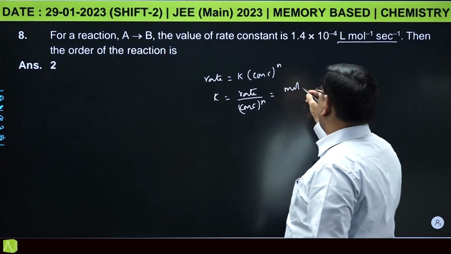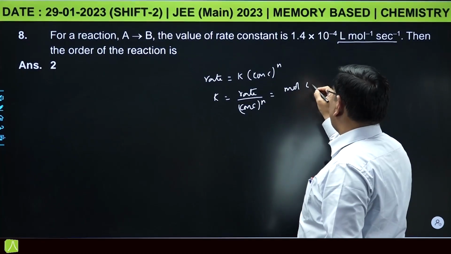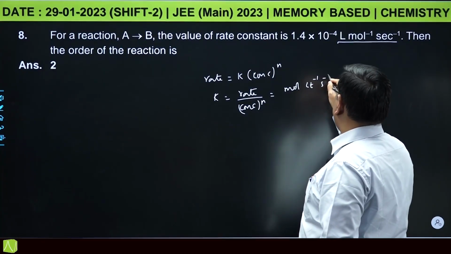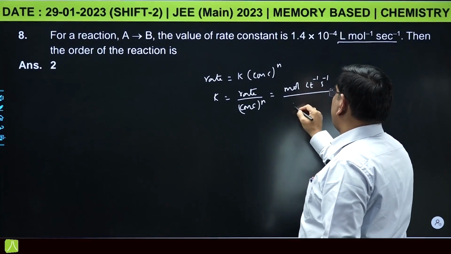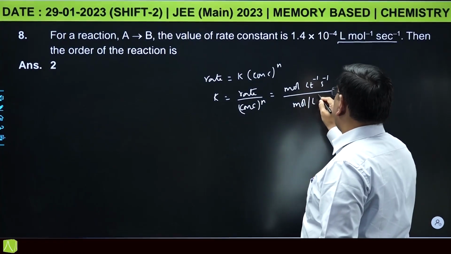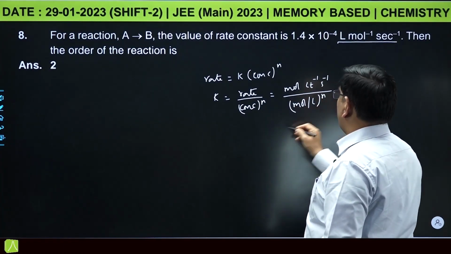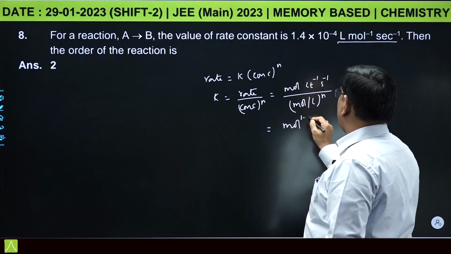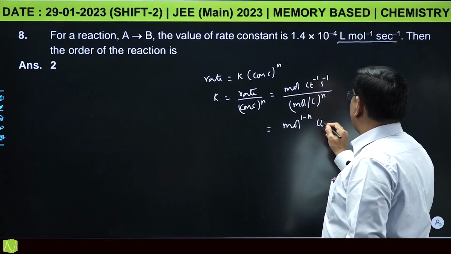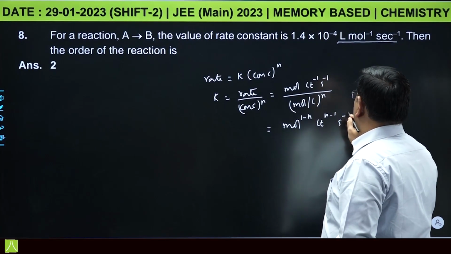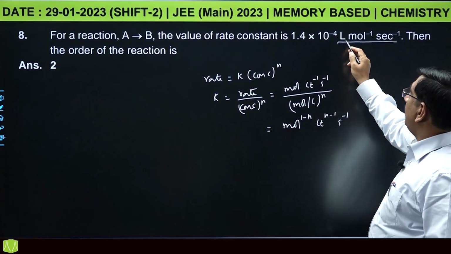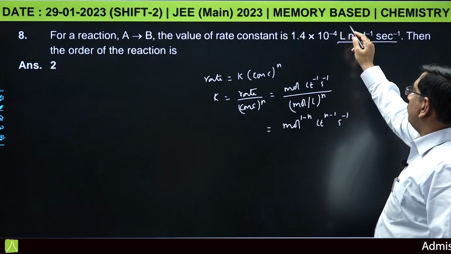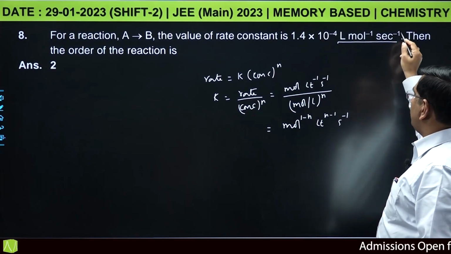Rate units are mole liter inverse second inverse, and concentration units are mole per liter power n. If you bring this together, it will be mole power 1 minus n, liter power n minus 1, second inverse. And here liter power is 1, mole power is minus 1, second inverse.